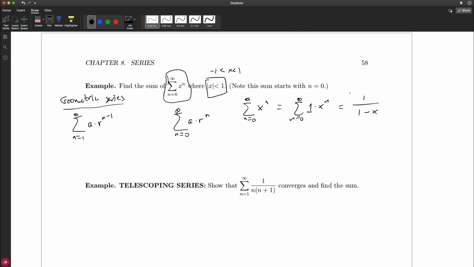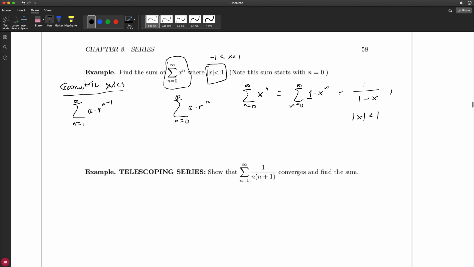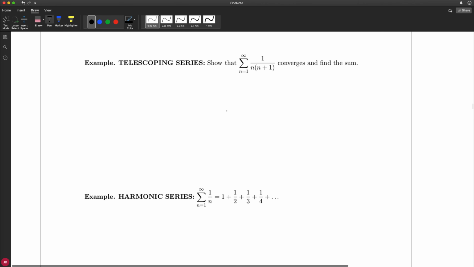I don't know if we'll have time to get to it because of Corona and everything like that, but there are ways to express functions as power series, right? So this is a function and this is a power series. But in order for this function to equal that power series, we needed the absolute value of x to be strictly less than 1. That's just an aside that hopefully we'll have time to come back to.